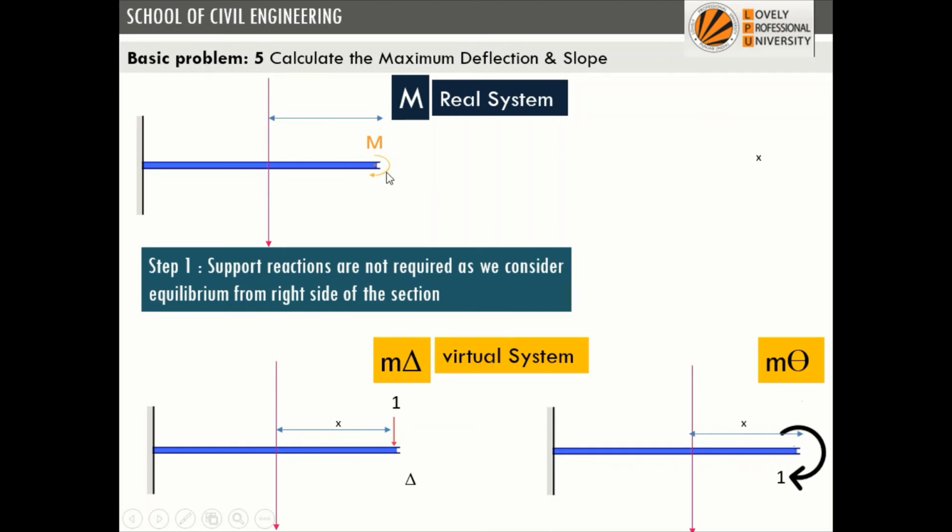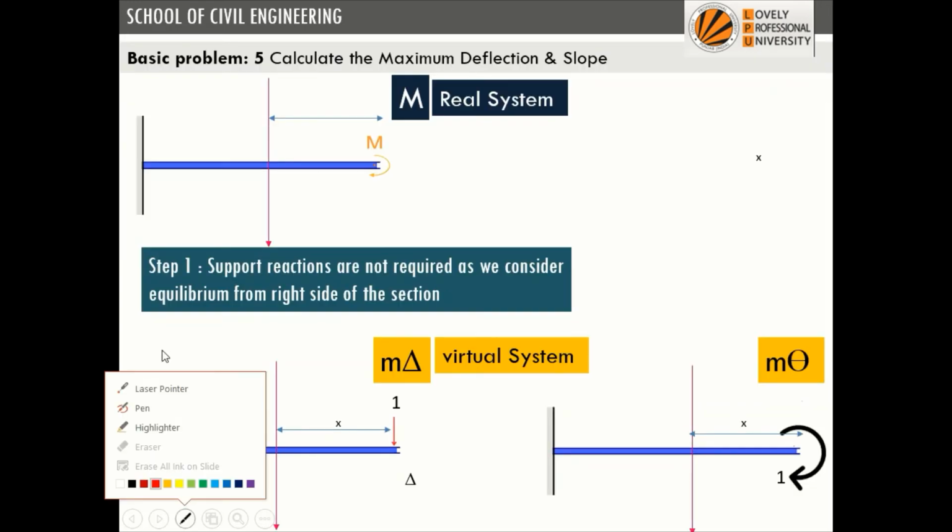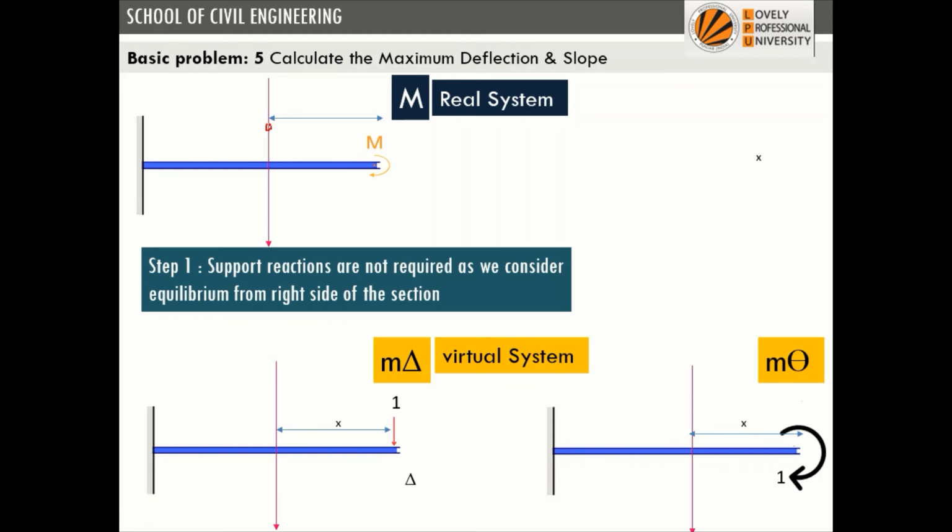In this we find that there is already a moment, and what is the portion? There is only a single portion, so we'll put everything here. Portion is AB, value of EI is constant, and the origin in a cantilever is at the free end, 0 to L being the length of the cantilever. So what is M? We stand here and look on both sides of the section. There is only one force, that is the moment.